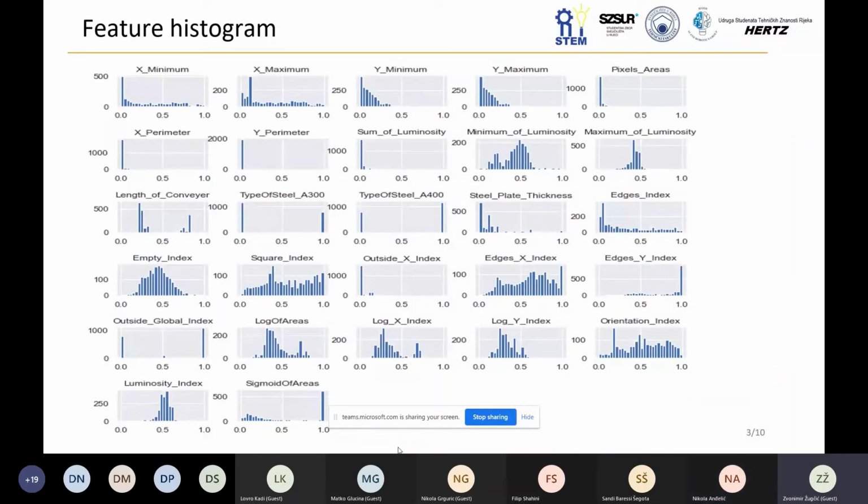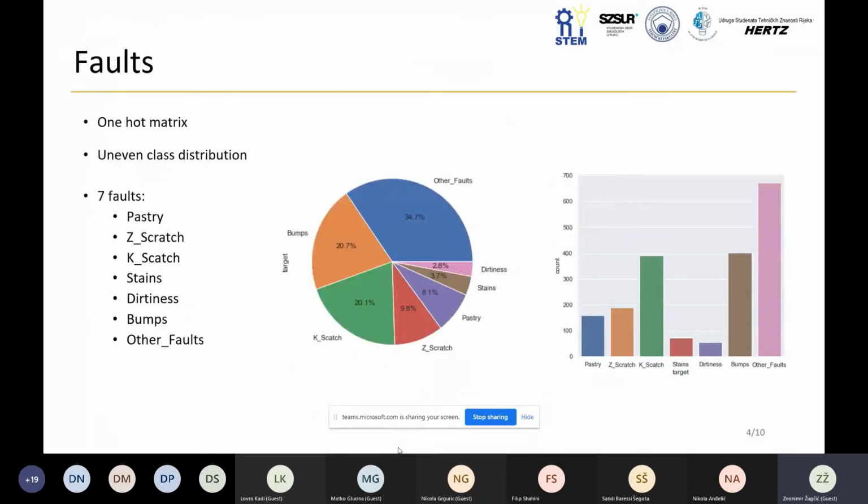This is the histogram which shows the distribution for each feature. Those are 27 features, and the other 7 were the faults. The faults are outputs described in a one-hot matrix. That means it's a matrix full of zeros, except for the defect of certain classes, when it will show 1.